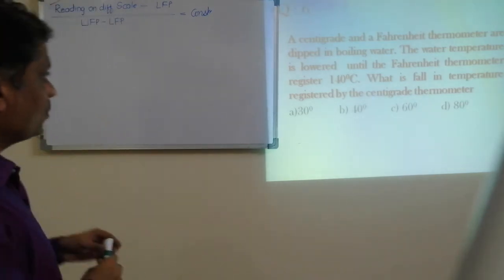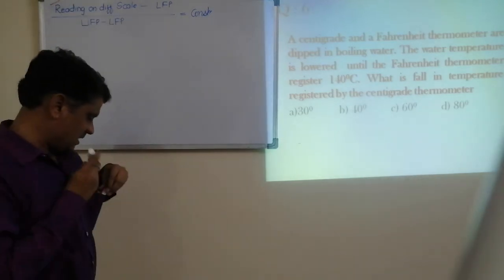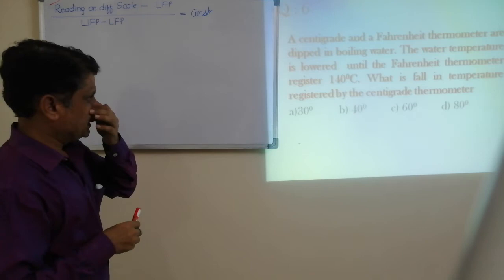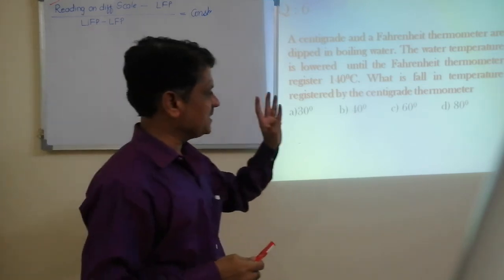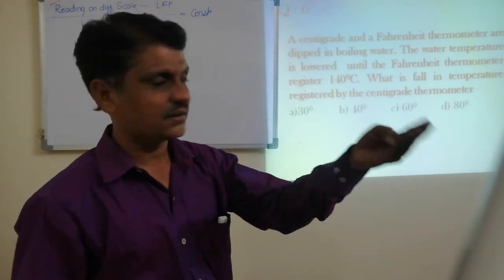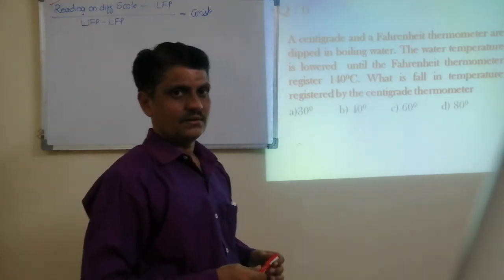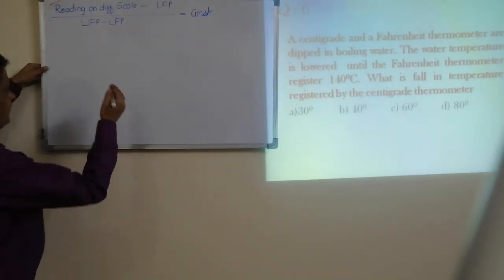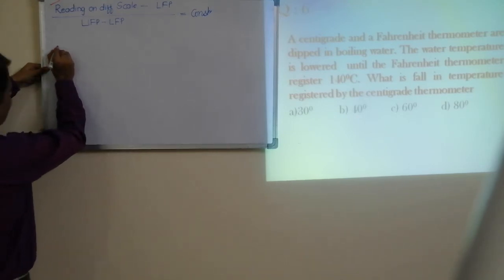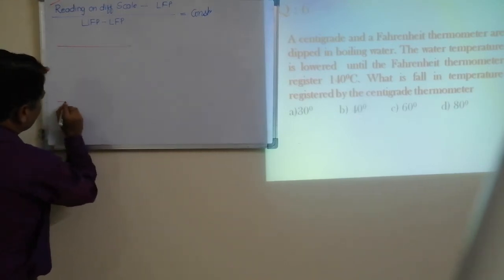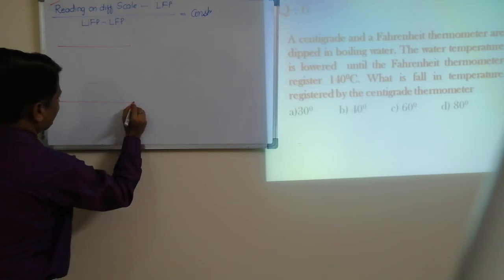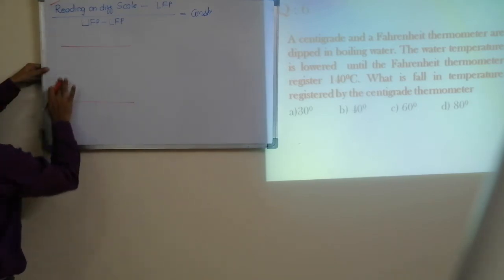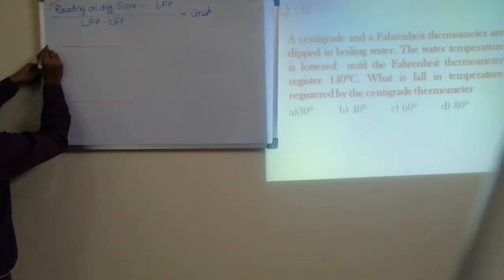Normally we are using three scales frequently: Celsius scale, Fahrenheit scale, and Kelvin scale. I'll take a lower fixed point and an upper fixed point.